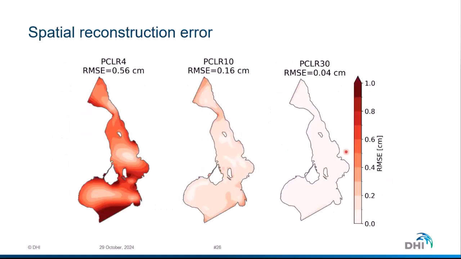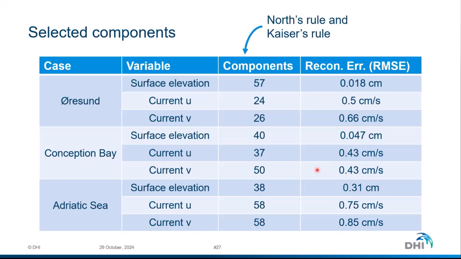We can also plot spatially what the reconstruction error looks like, and we can see that along the boundaries, it's a bit more difficult to represent the data with a linear projection. But the more principal components we include, the more we can actually represent, so the lower the error, which is the error I'm plotting here. In our case, I use North's rule and Kaiser's rule.